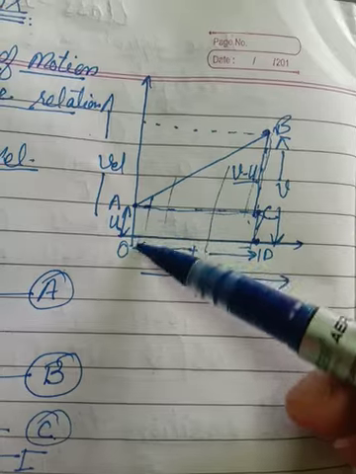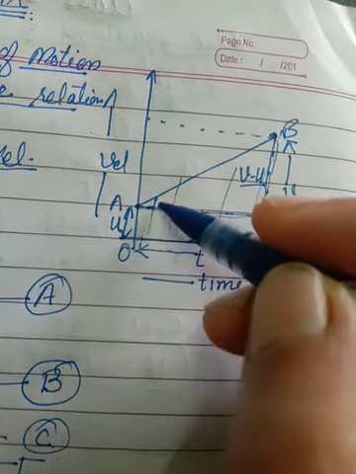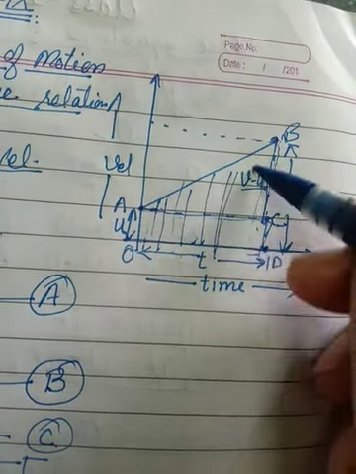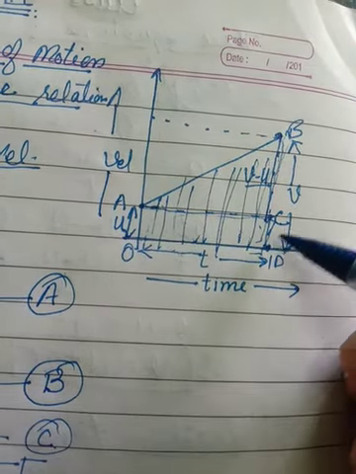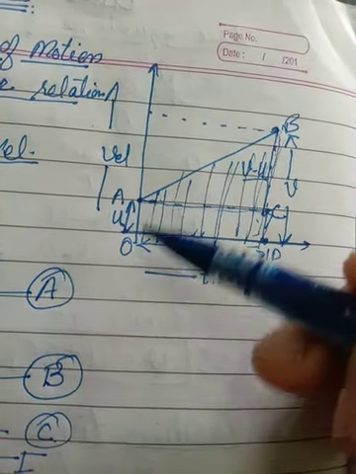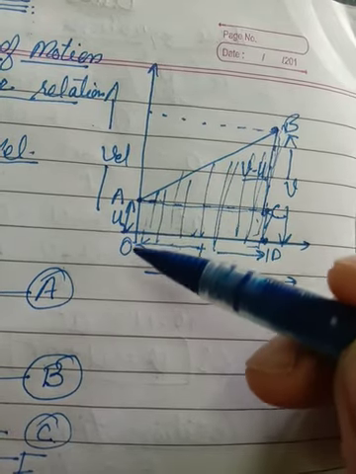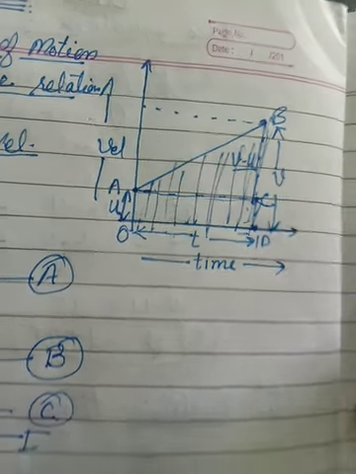In the previous equation, we divided this area into two sections, but this time I am taking this whole area. This shape is a kind of trapezium. So the area under AB will be equal to the area of trapezium OABD.